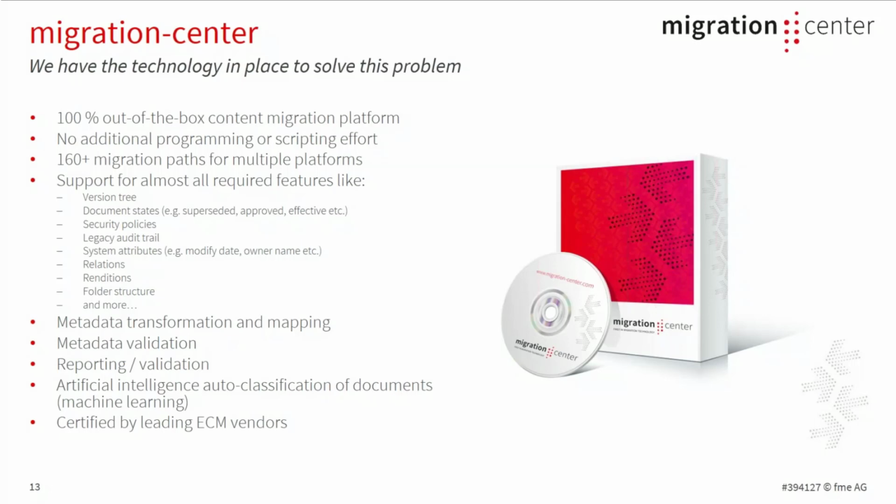We also provide a rule-based transformation capability, which is as powerful and flexible as a normal programming language, but without writing any lines of code. Everything is based on configuration, and all functions are pre-tested, of course. In addition, Migration Center provides many reports and is also certified by leading ECM vendors.